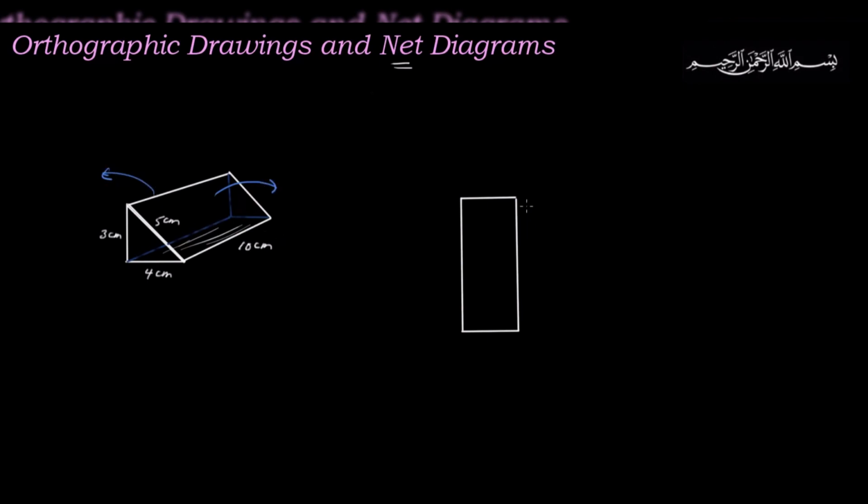You'll see one rectangle on this side, and its width here is going to be 5 centimeters, and the length is going to be 10 centimeters. And the base one over here, this particular rectangle, I meant to say, is 4 centimeters and the length is 10 centimeters, right?